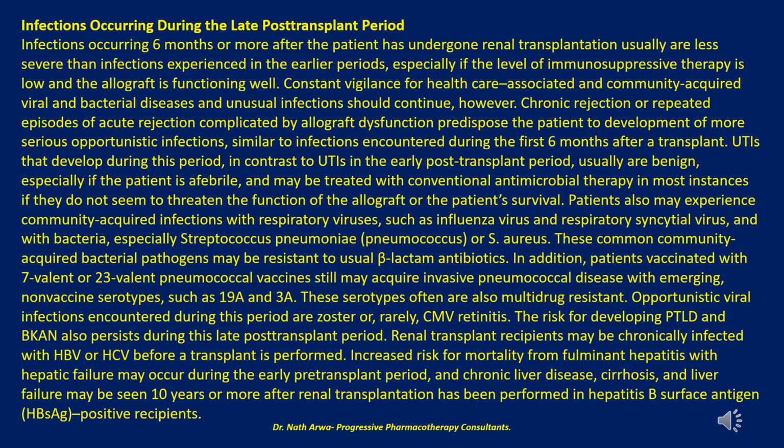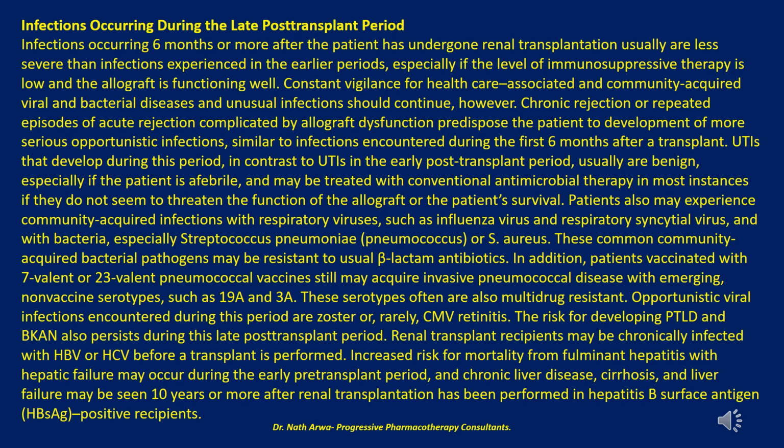Patients also may experience community-acquired infections with respiratory viruses, such as influenza virus and respiratory syncytial virus, and with bacteria, especially Streptococcus pneumoniae, pneumococcus, or Staphylococcus aureus. These common community-acquired bacterial pathogens may be resistant to usual beta-lactam antibiotics.